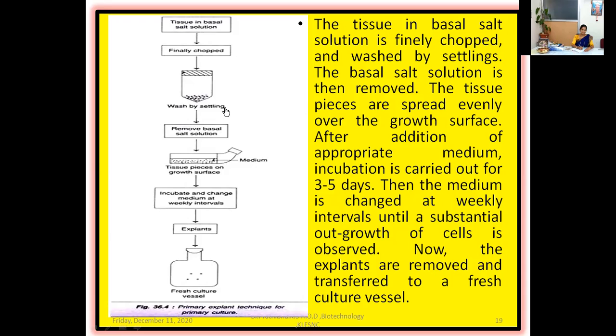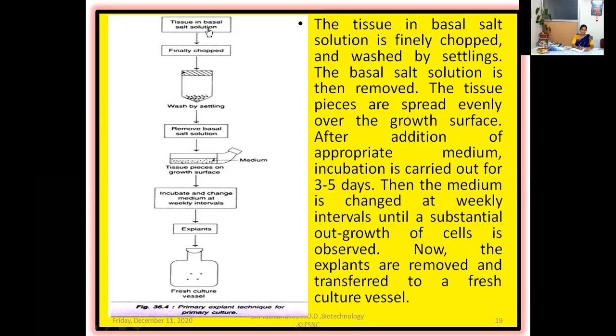Then incubation is carried out for 3 to 5 days. Then the medium is changed at weekly intervals until a substantial outgrowth of cells is observed. Now the explants are removed and transferred to a fresh culture vessel. You can make out this one, right?